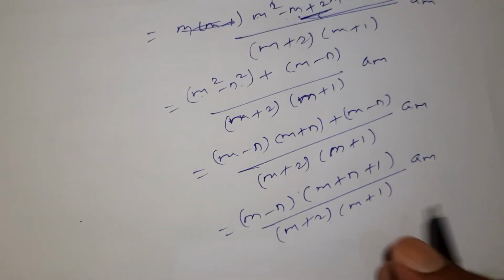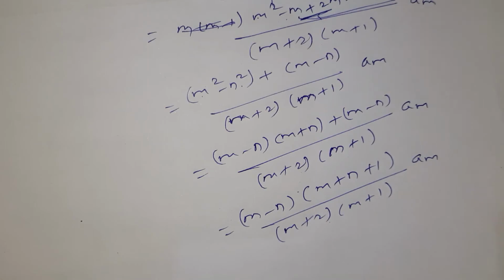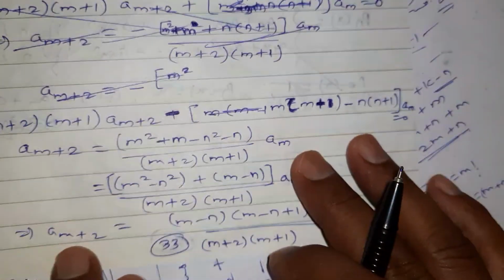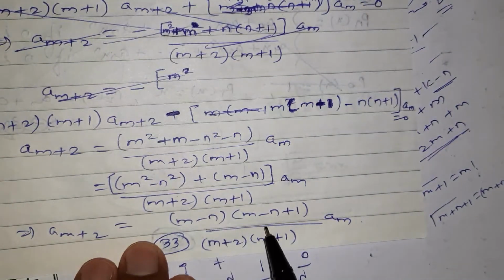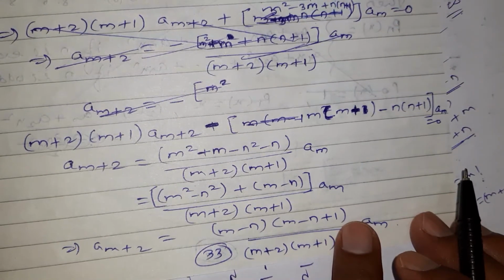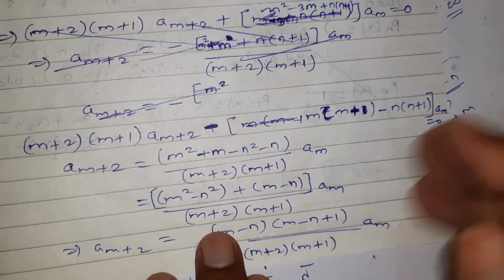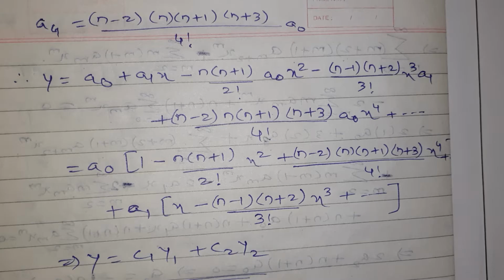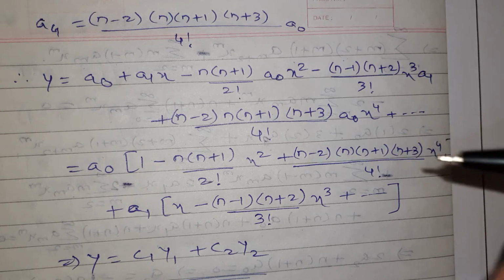Understood this step? So we write this step here in the calculation: am plus 2 is equal to m minus n into m plus n plus 1 upon m plus 2 into m plus 1, am. Now put all these values in your y. Because we now have general values, we can put n equal to 2, n equal to 3, n equal to 4, and we can find so many values.